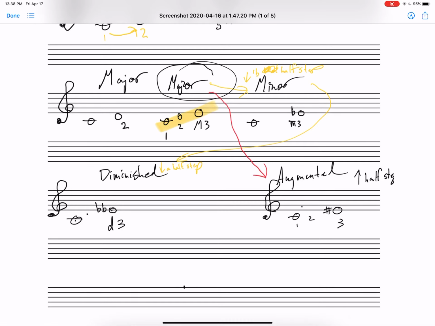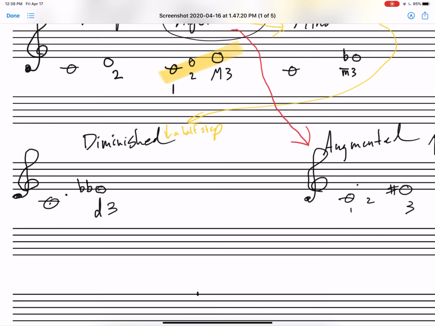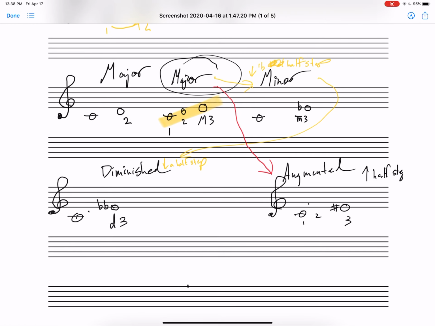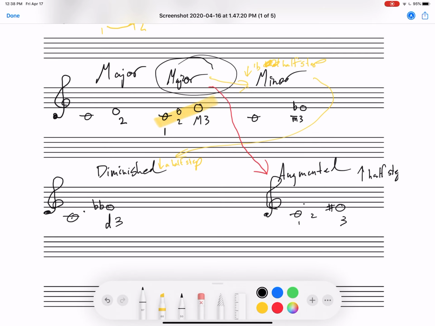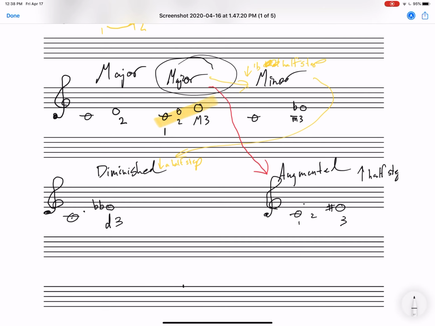All right, let's go on to our perfect intervals now here at the bottom with the space we have left. Within our scale, the fourth, the fifth, and the octave or the eighth are always going to be perfect.